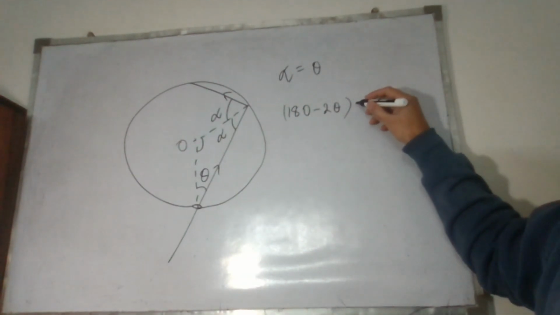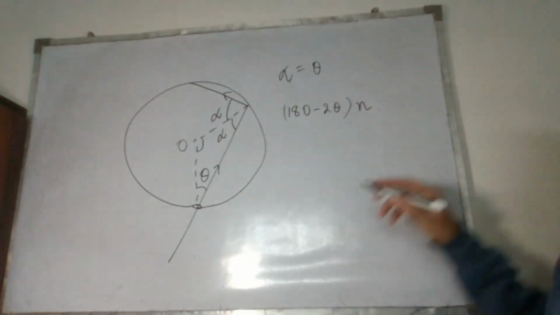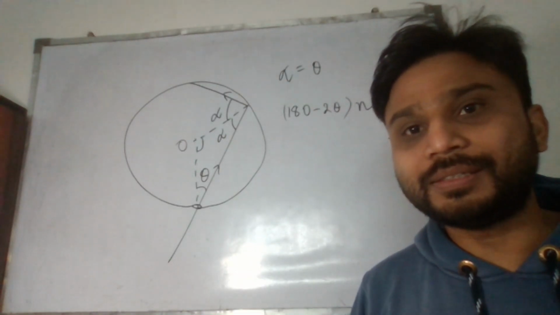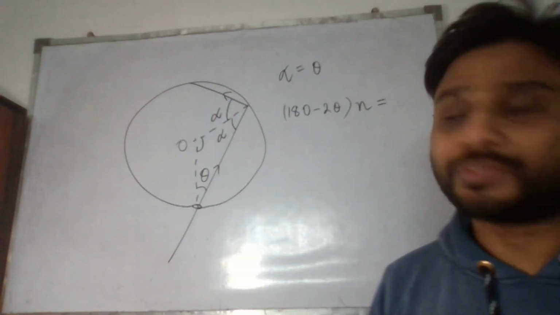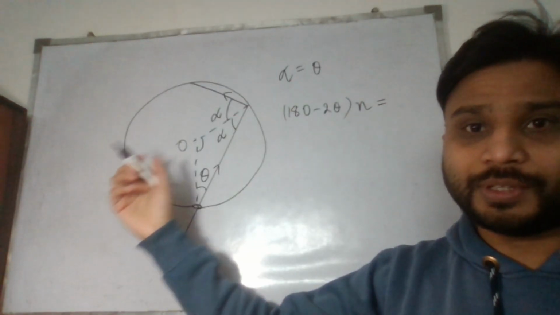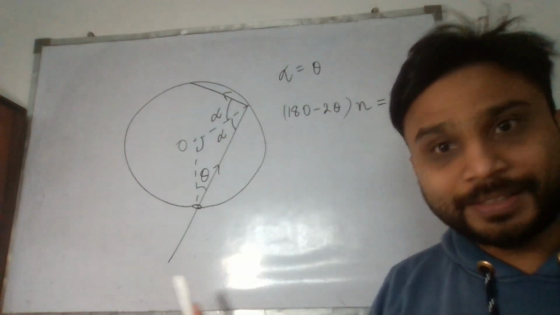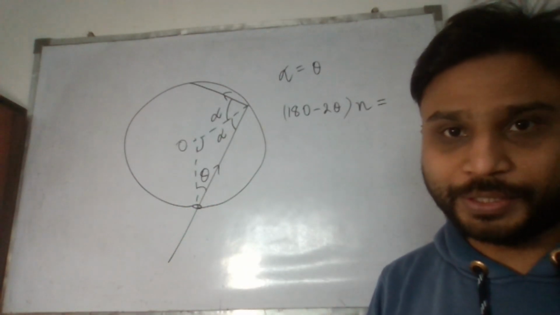So we can say that when this complete angle, that is 180 minus 2 theta, its multiple, that is after suffering n reflections, becomes equal to an integral multiple of 2 pi, that is the complete angle subtended by the circle at the center, then it will come out of this sphere.